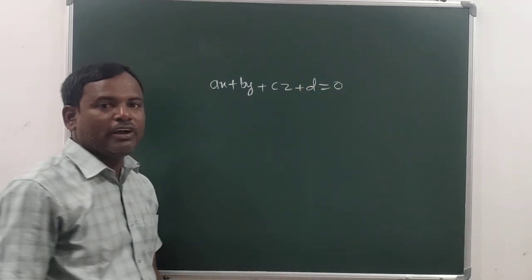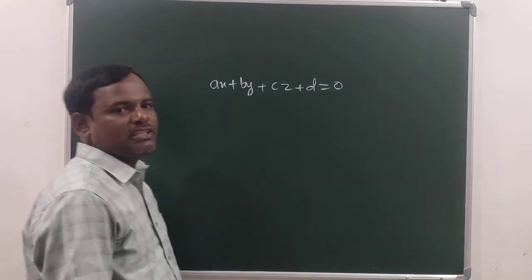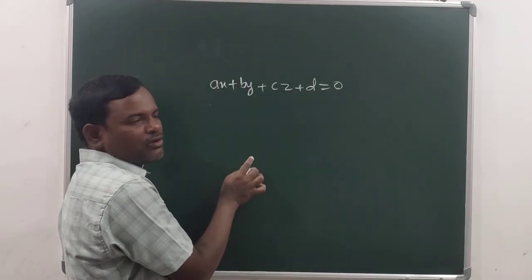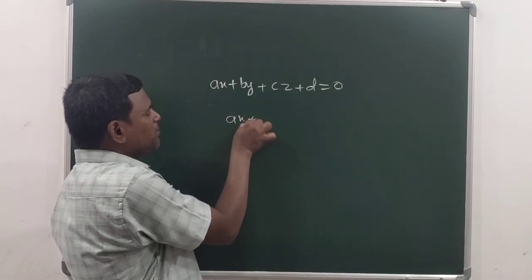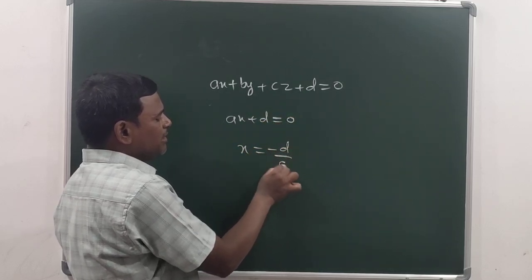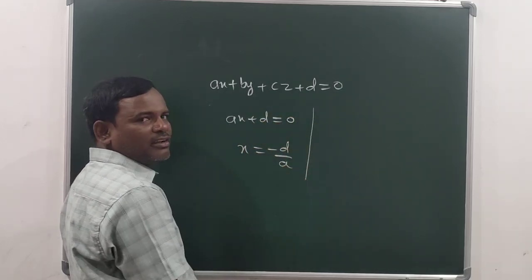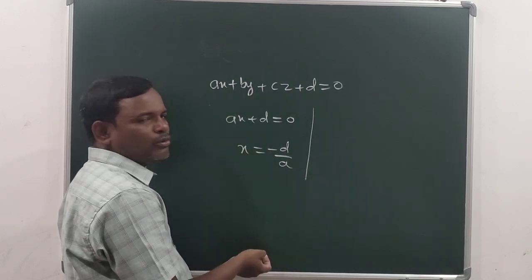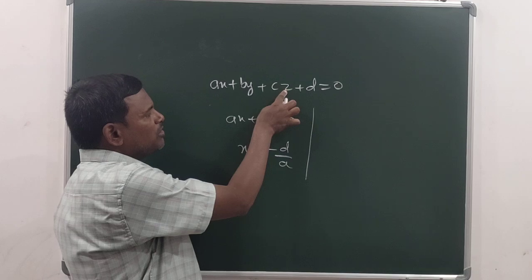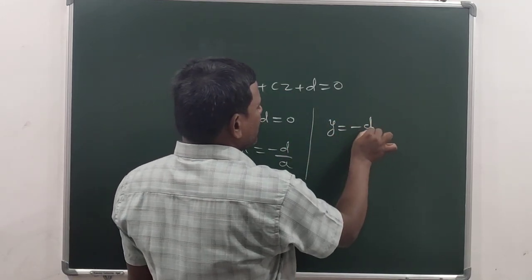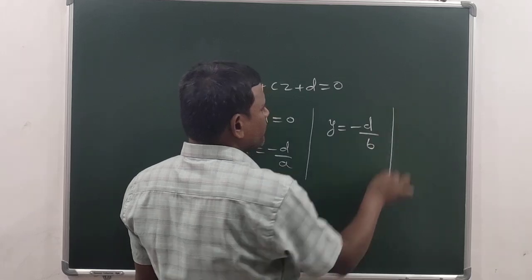To find the x-intercept, just put y equal to 0, z equal to 0, so that you will get ax plus d equal to 0, then x will be minus d by a. In the same manner, for the y-intercept made by the plane, put x equal to 0, z equal to 0, so that you will get y equal to minus d by b.